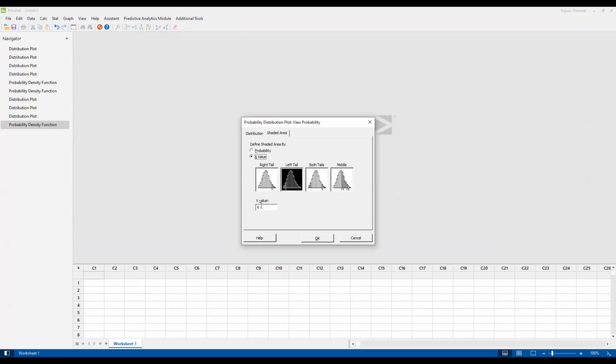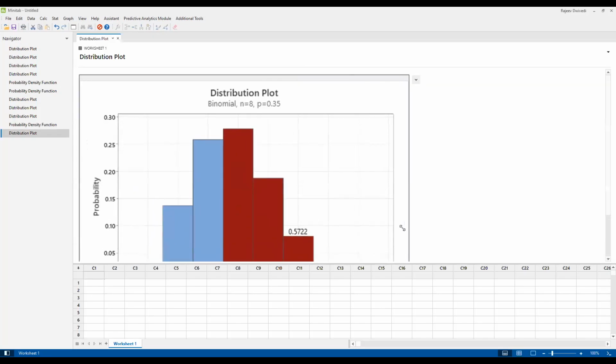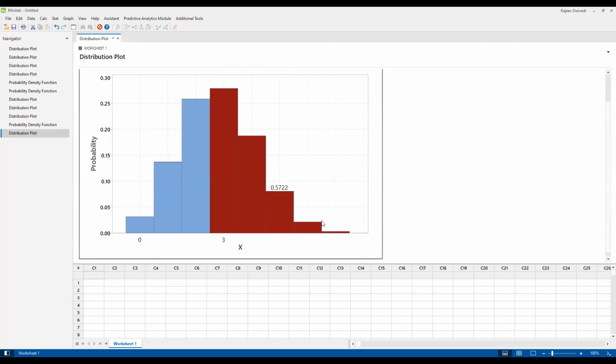I need 2. Because it will not give exactly 2, it gives less than, more than. So I'm just going to use this so that you can understand something. Now here you can understand the event probability.